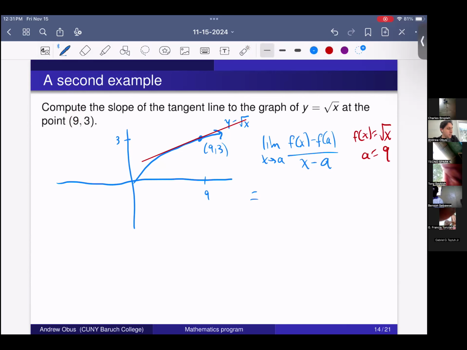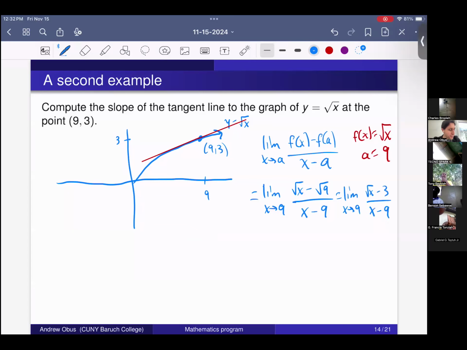So this gives us the limit as x approaches 9 of square root of x minus square root of 9 over x minus 9, which is the same thing as the limit as x approaches 9 of square root of x minus 3 over x minus 9.